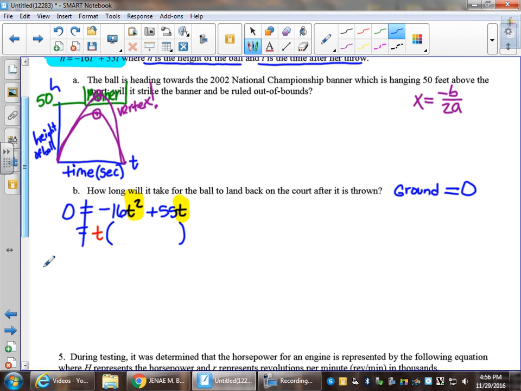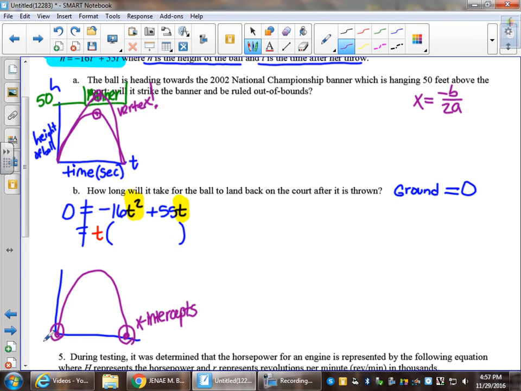Because now, if I were to draw you a picture, you are now finding x-intercepts.